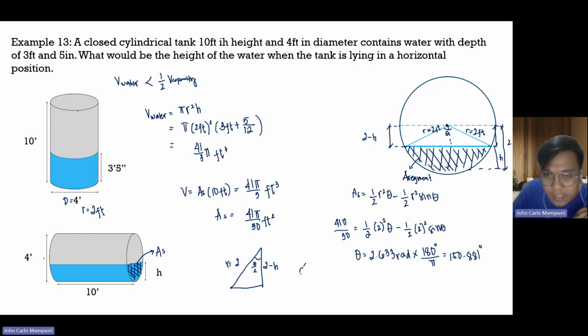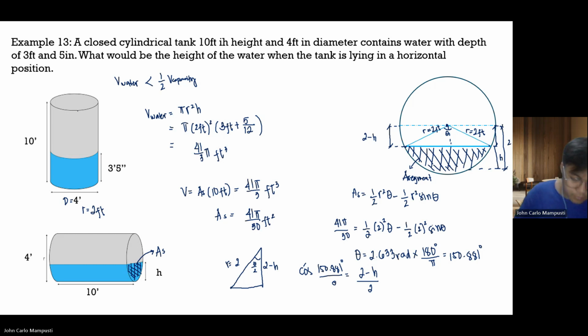So, cosine of 150.881 degrees over 2 equals, okay, our hypotenuse is 2, our adjacent is 2 minus h, over 2.